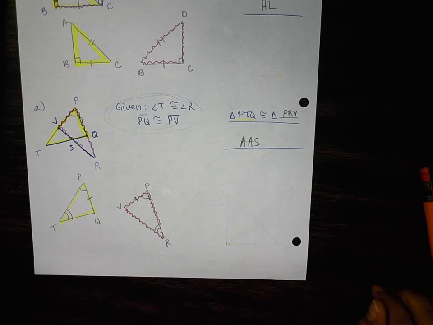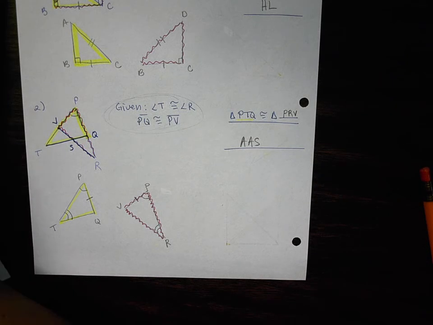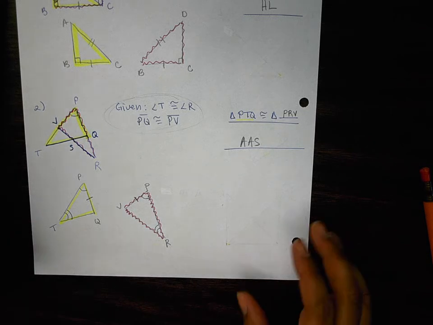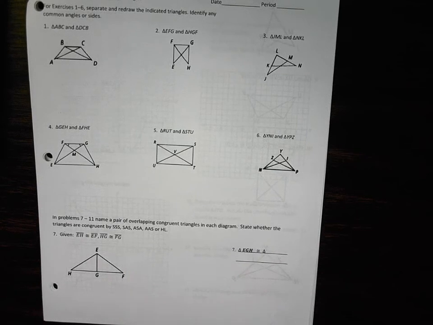Okay, take your worksheets out and open up to worksheet 7. Everyone there? Okay. You have 1 through 11.